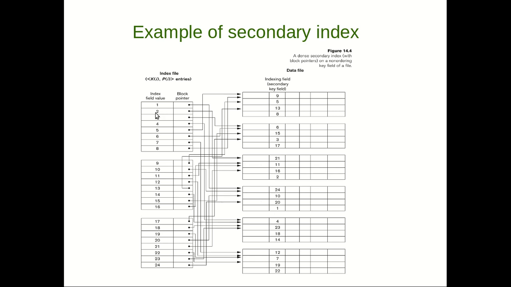Number 2 key value, meaning the secondary indexing key value, is index entry 2. Index entry 2 is in the third block, therefore the pointer should be this. For each record, one entry should be there. Here there are 24 entries corresponding to the 24 records of the data file. That is the secondary index.